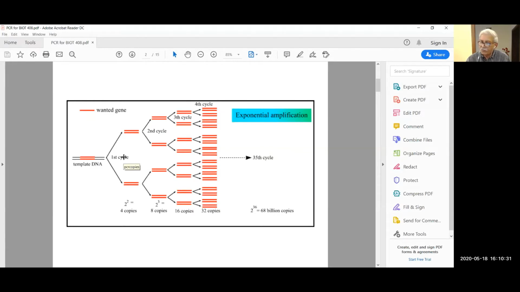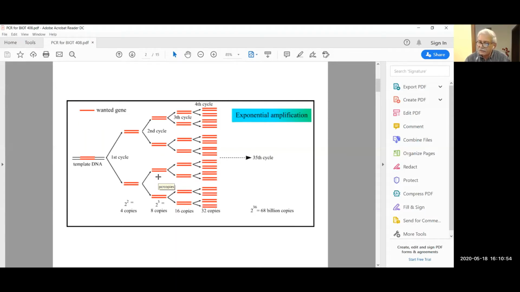And if you go for a second PCR cycle, these 4 DNA fragments should give you 8 fragments. Okay, so you can see again, it is a doubling reaction. So what theoretically it means is that every cycle doubles the amount of the template. This is the take-home message.